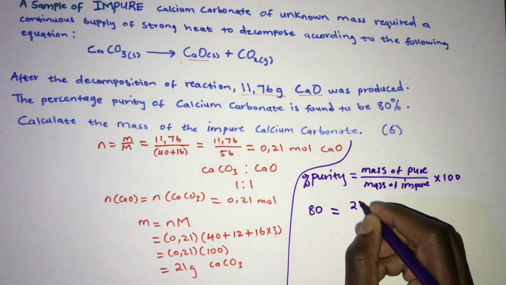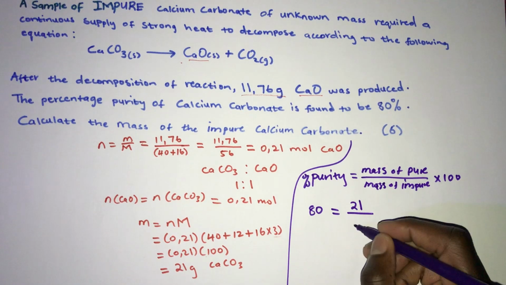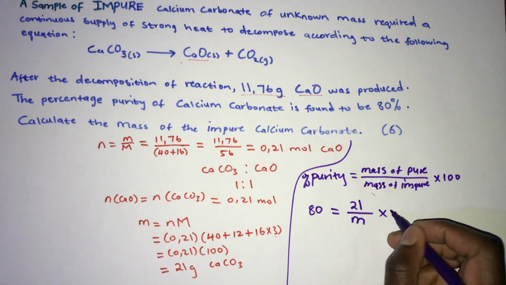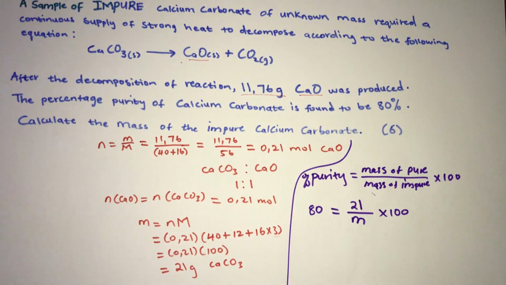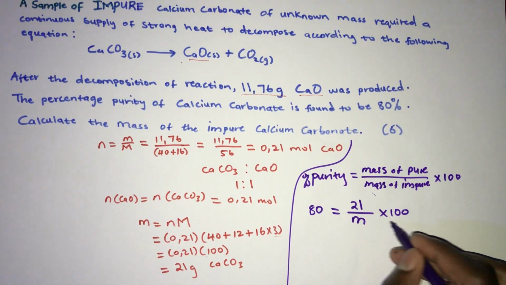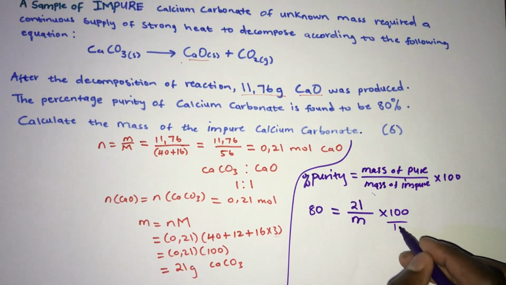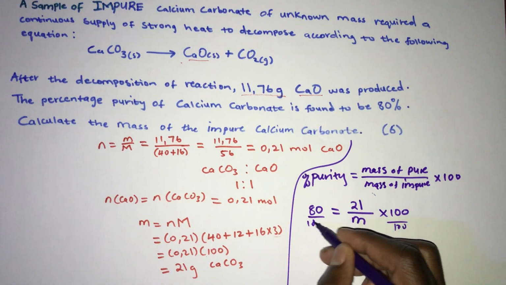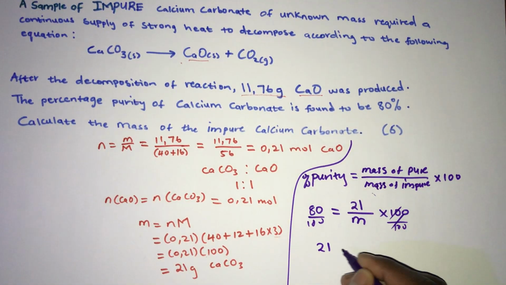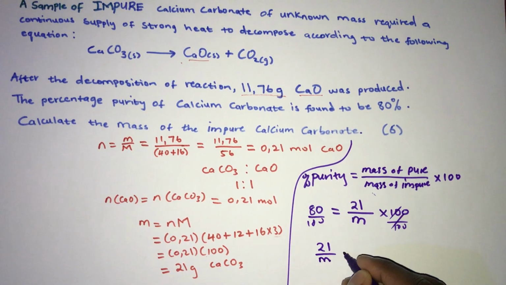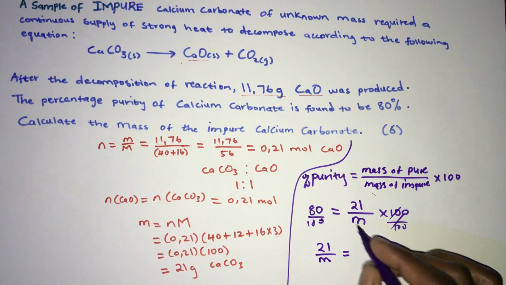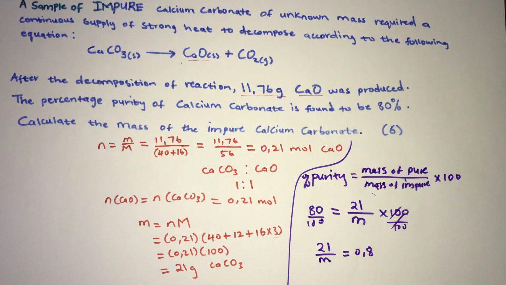So we're going to say 21 over the mass of the impure that we're looking for, and then we multiply by 100. Now we divide the whole equation by 100. So 21 over mass is equal to 80 divided by 100, which gives us 0.8.